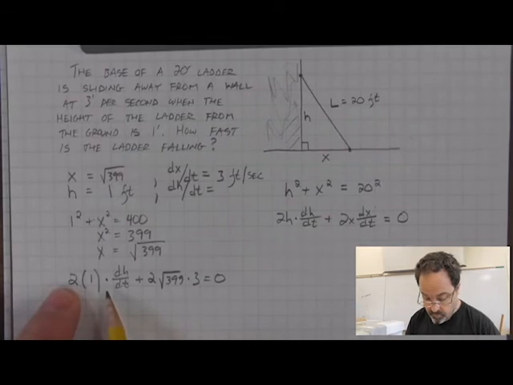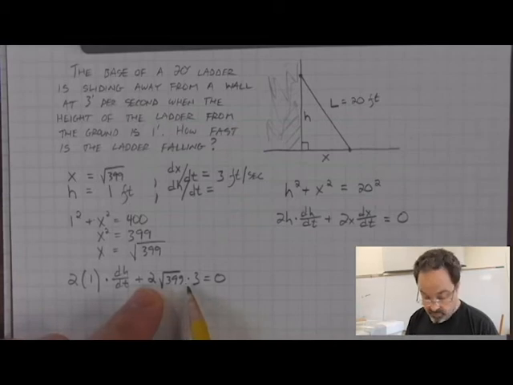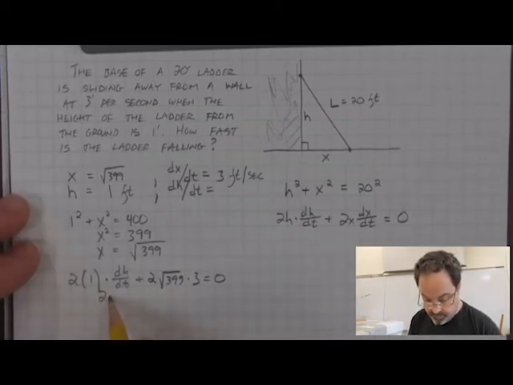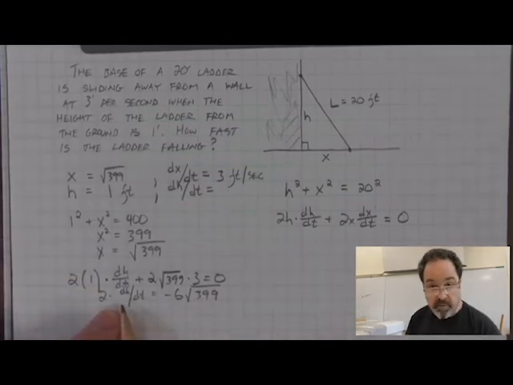I'm going to subtract 6 times radical 399 from both sides. And divide by 2 to get dh dt by itself.